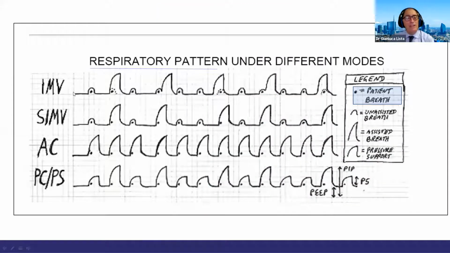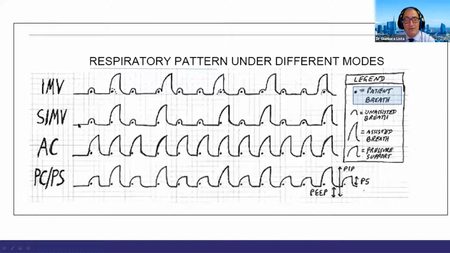In this cartoon, you can see the differences in terms of the effort of the mechanical ventilator and the spontaneous breath of the patients. During IMV, the spontaneous breath can coincide or not with the mechanical ventilation.